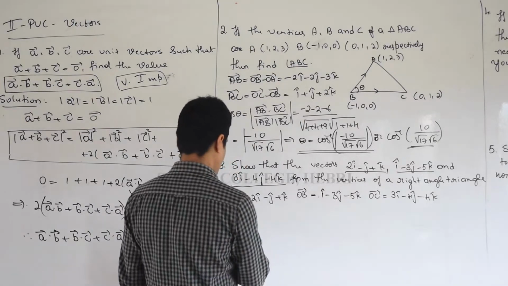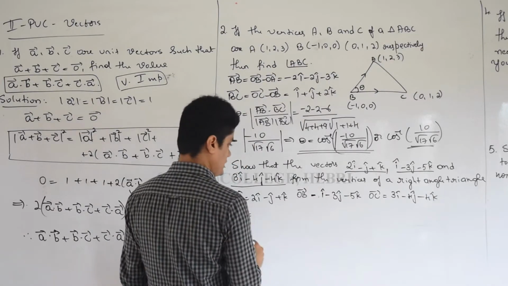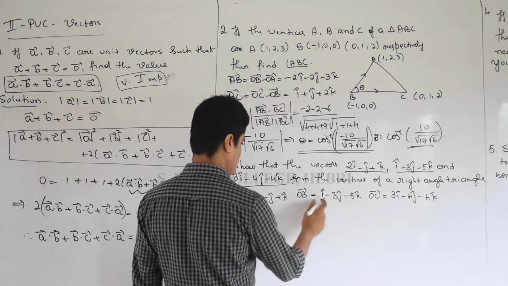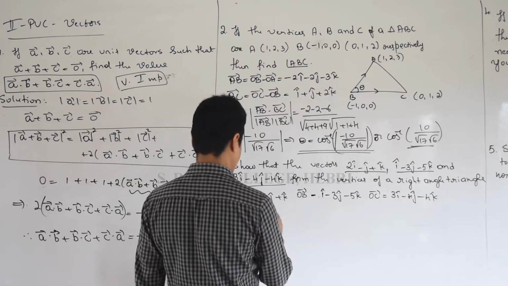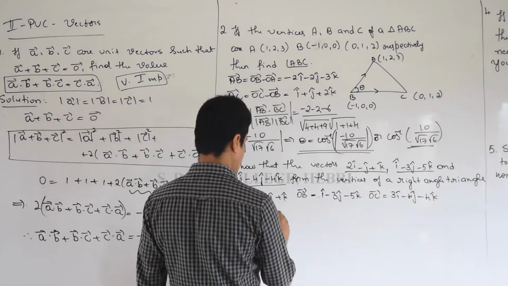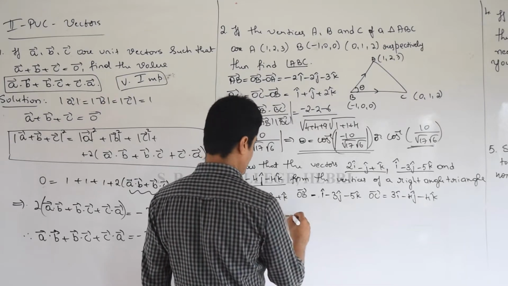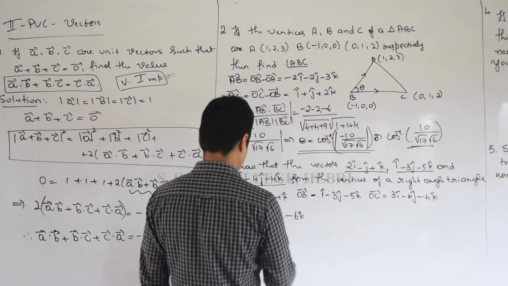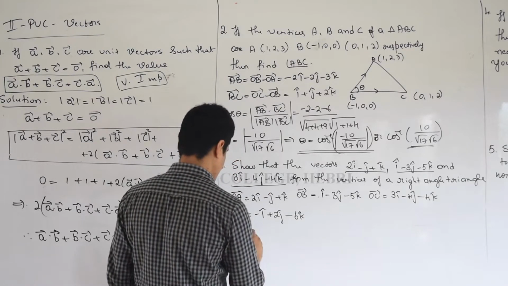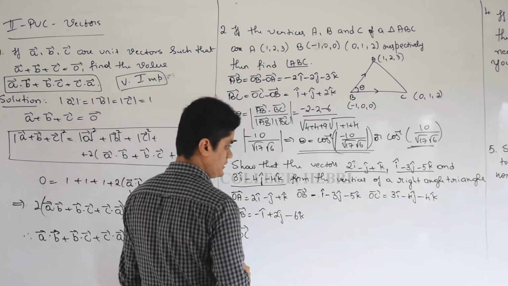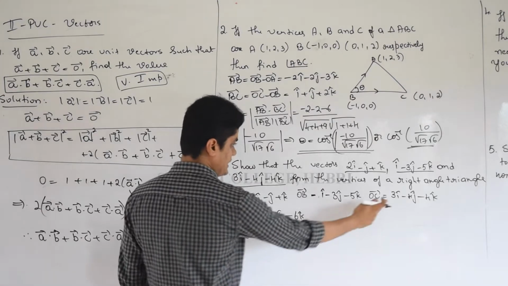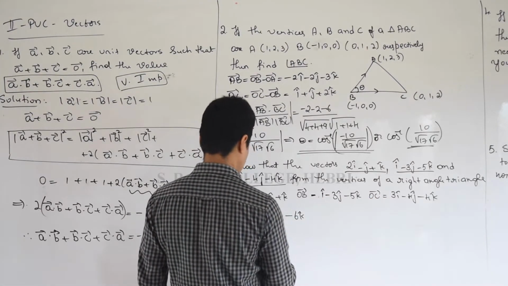So first find vector AB. AB is OB minus OA. So i minus 2i, minus j minus 3j... plus 2j, minus 5k minus 1k, that is minus 6k. Similarly, find vector BC. So 3i minus i is 2i, correct?